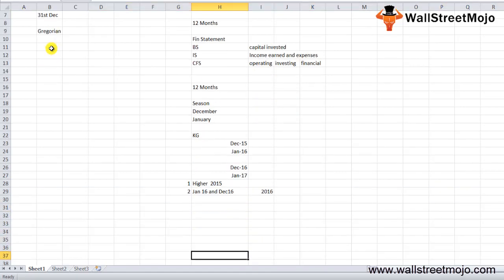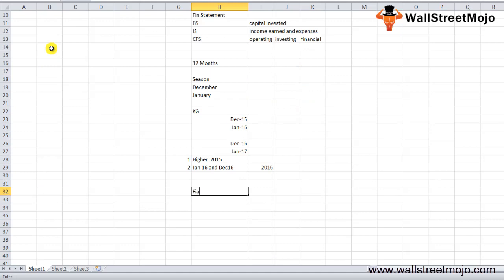Now, if the retailer follows a fiscal year different from the calendar year, let's say from 1st April to 31st March, then financial year 2016, which runs from 1st April to 31st March, will include the high performing months of both December 15 and Jan 16.